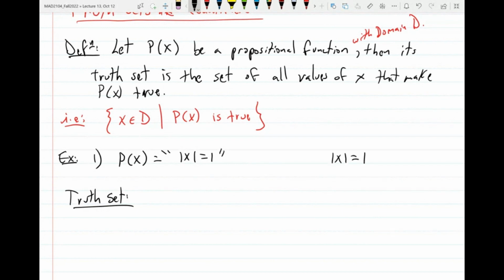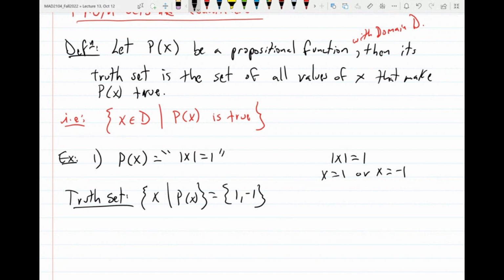So here in the little corner, you do your little algebra. What are the solutions to this equation? X equals 1 or negative 1, right? There are two solutions. Of course, it's understood here the domain is real numbers, okay? So what's the truth set of this propositional function? That's the set of all X such that P of X is true. But hey, this is really just 1, negative 1.